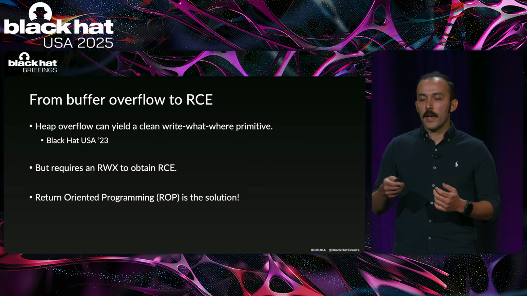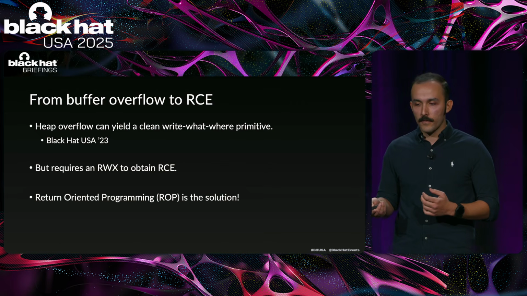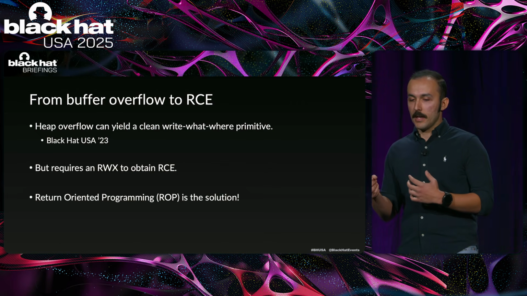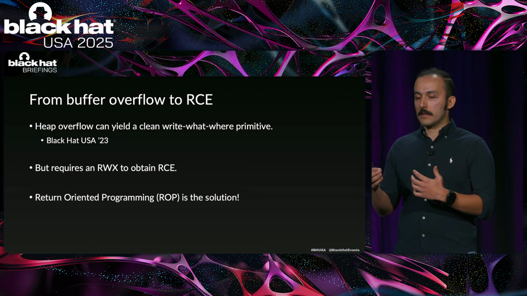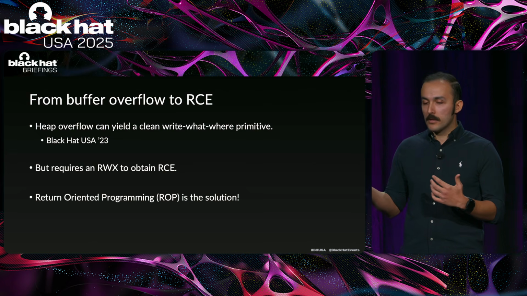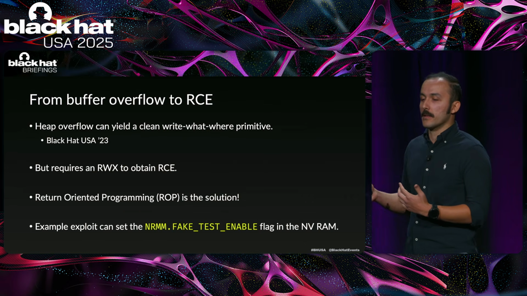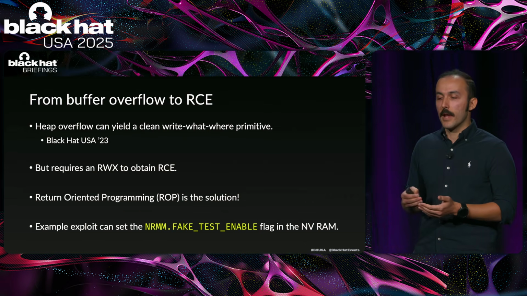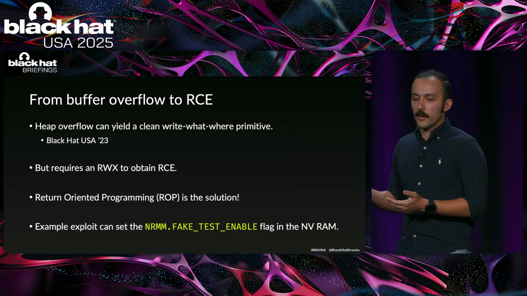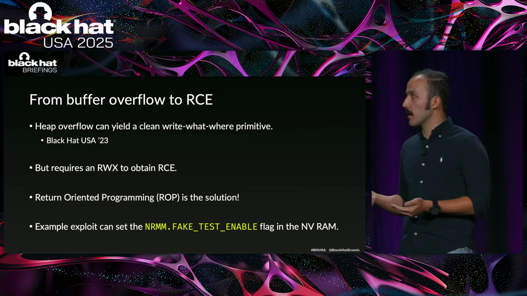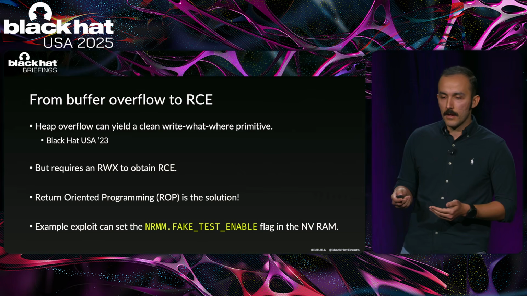And later chain it with a stack overflow with some ROP gadgets. So, for example, that can lead to flipping the NRMM fake test enable flag in the NVRAM, so the baseband would start accepting all messages in plain text.